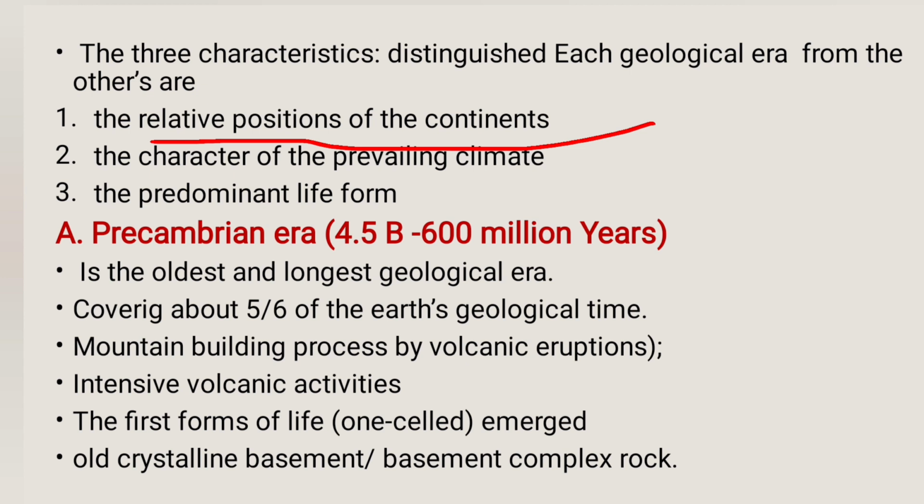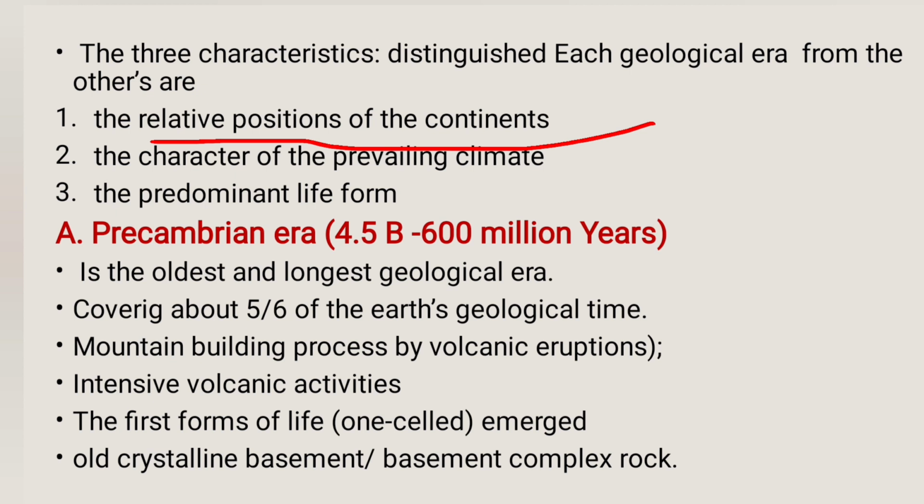Another, the character of the prevailing climate, is also used as a distinguisher between one geological era and another. And the third one is that the predominant life forms are also used for separating the geological eras from one another. Good.